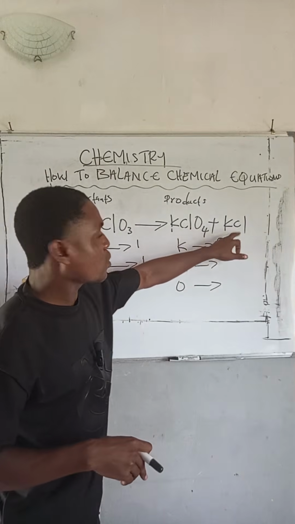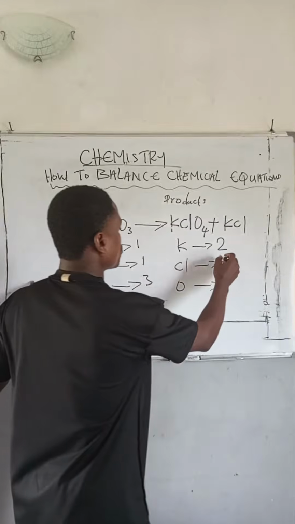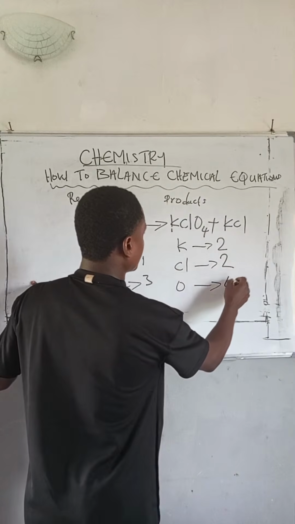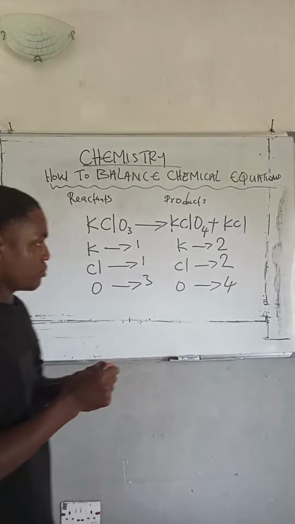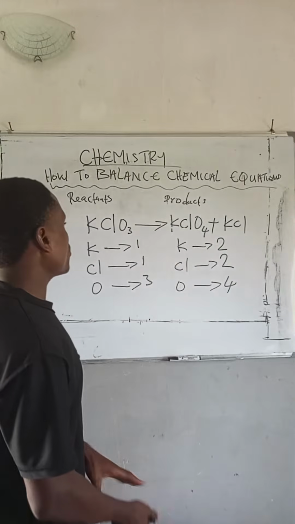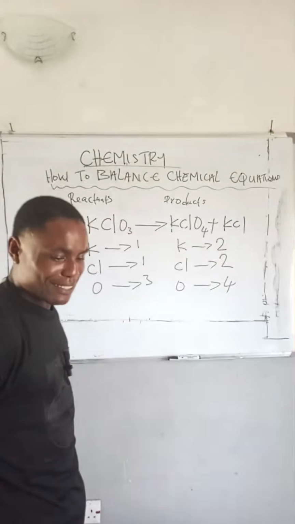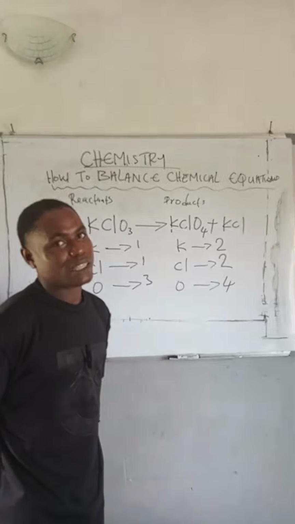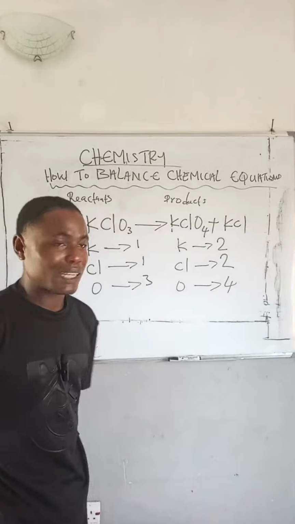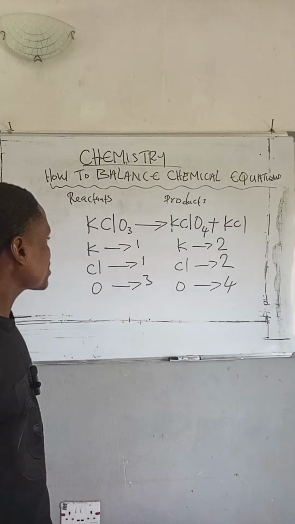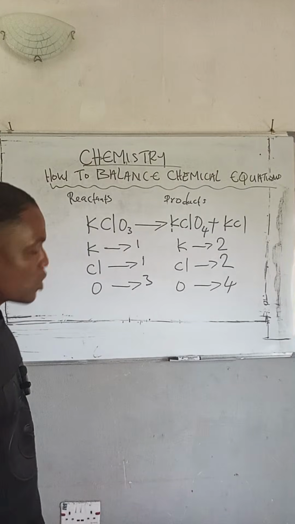So chlorine plus chlorine will give us 2. Then here is 4. Are you getting it? So what is the next thing now? When looking at this reaction, if you start with 2, will it balance?